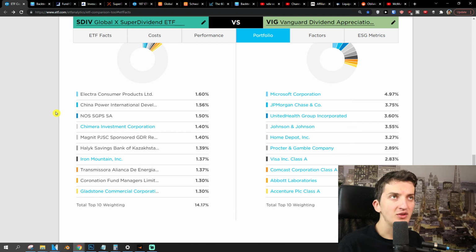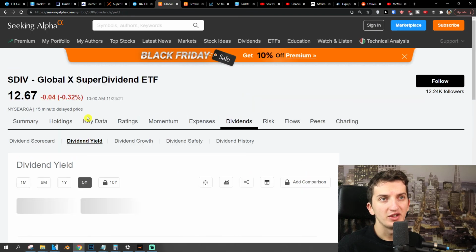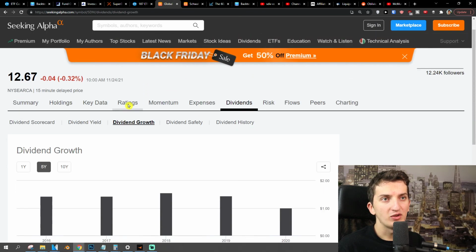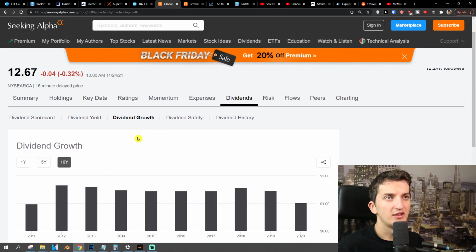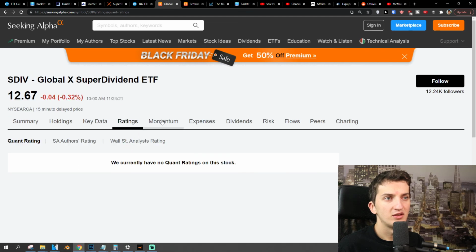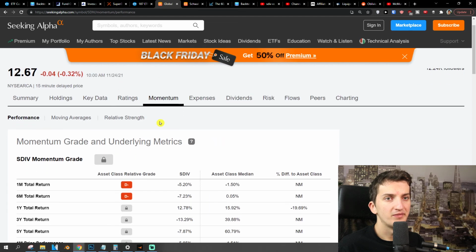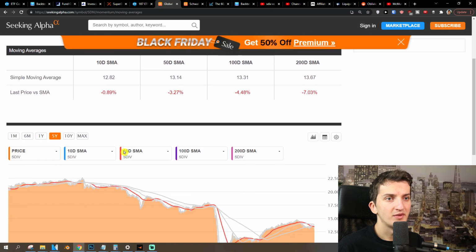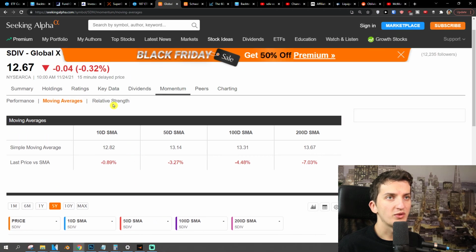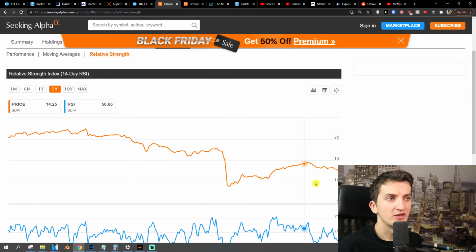But again, you see that the returns here on dividends and dividend growth, the growth is not that great, right? So momentum also not that great, relative strength.